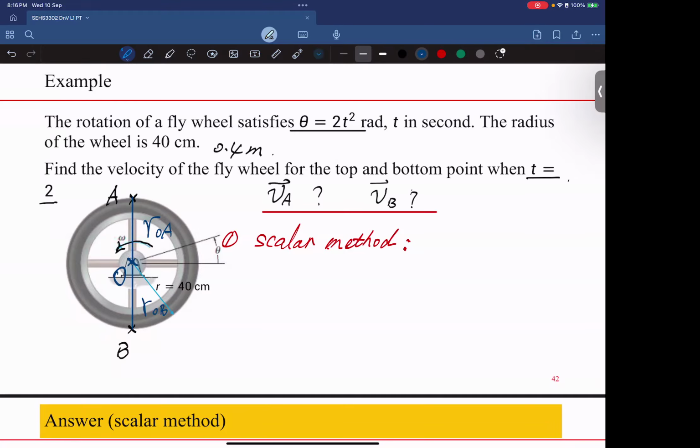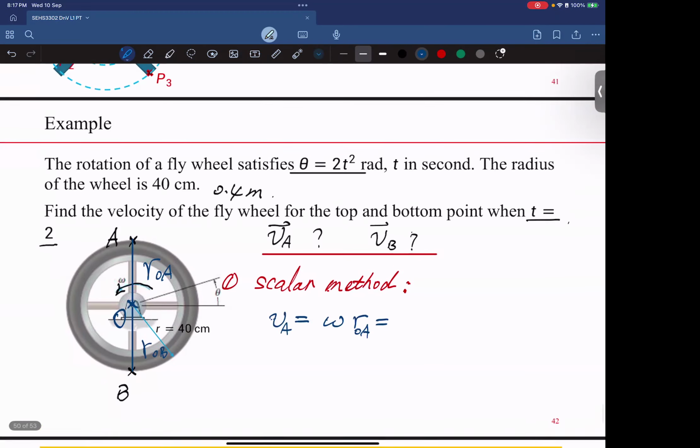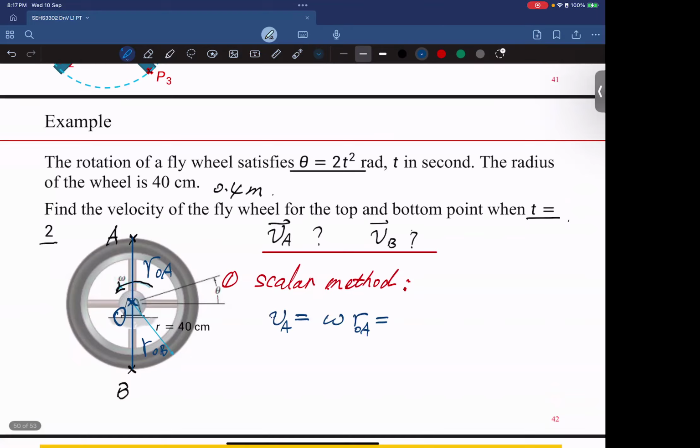So once we know these two radius, we just do the multiplication, right? So quite easy. So we have velocity equals omega times r, so VA is omega. Okay, we're gonna find omega first, right? So omega is not given directly, but we can find it.